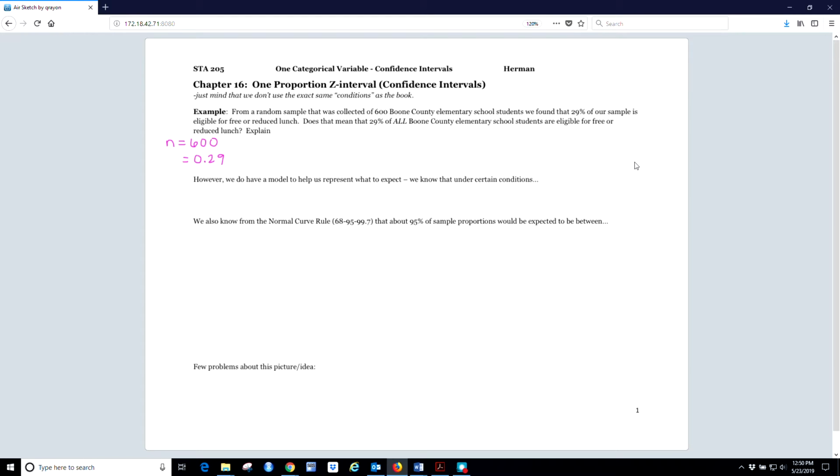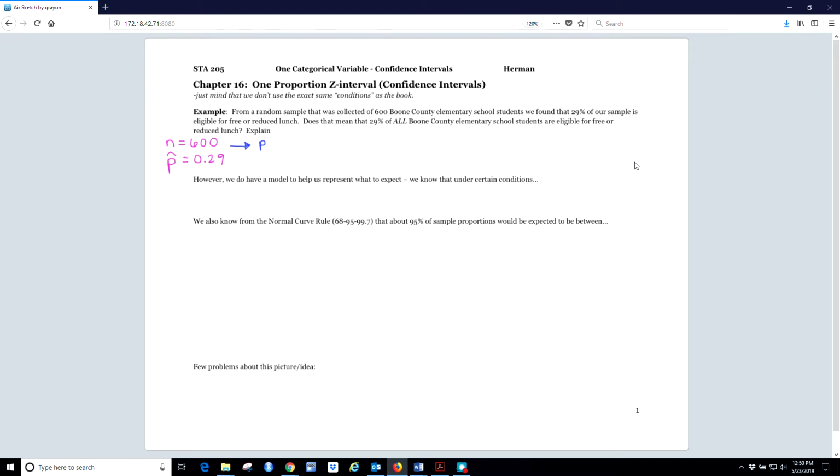So let's think about what this 29% is. Symbol-wise, this 29% should be our p hat. Why it's a p hat instead of a p is because it's coming from just our sample of 600 students. So we know p hat is 29%.